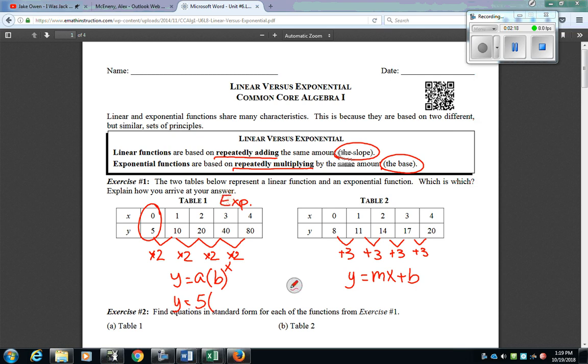And then I'm multiplying each time by 2, so that's going to go in the parentheses with my x outside it. And then with the linear function, well, we know the slope is 3, so it's going to be 3x. And the y-intercept is when x is 0, so in that case, it's going to be plus 8. So you want to determine the pattern. Look for the pattern and determine if it's repeated addition or repeated multiplying.